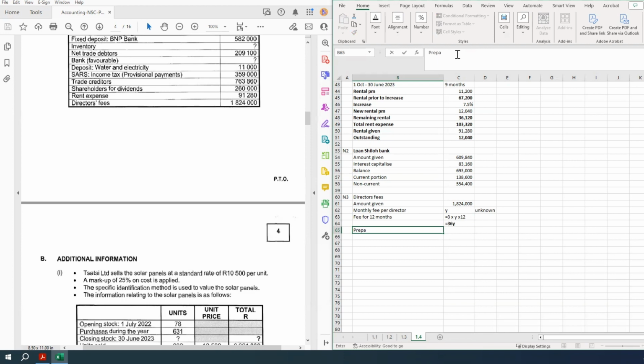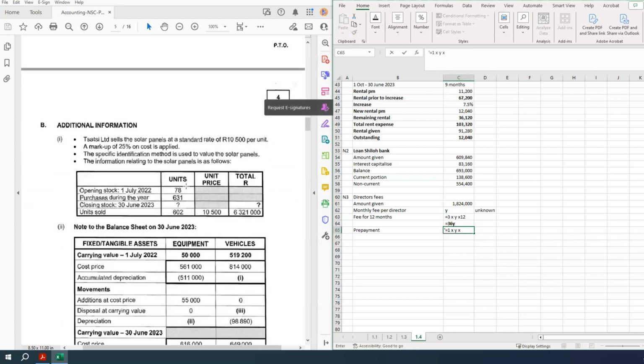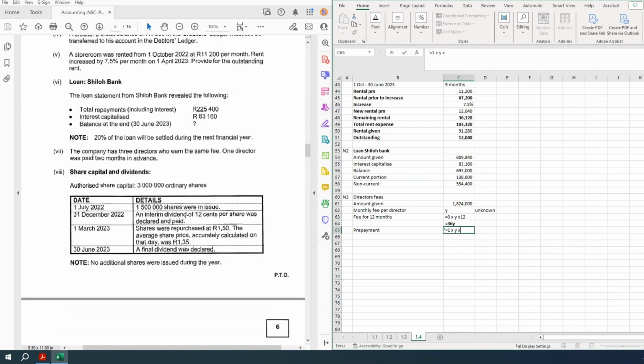So the prepayment is equal to the one director times the monthly fee that he gets, and he was prepaid for 2 months, we were told. One director was paid 2 months in advance. Simplified, this would then just be 2y.